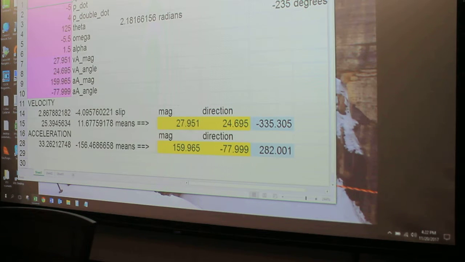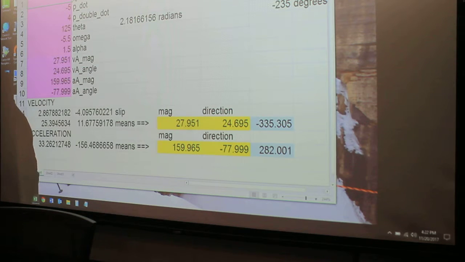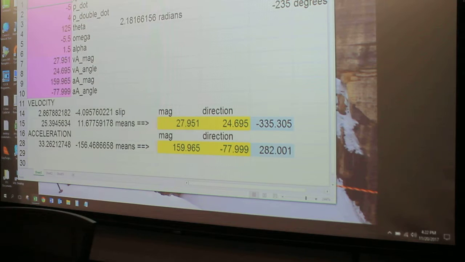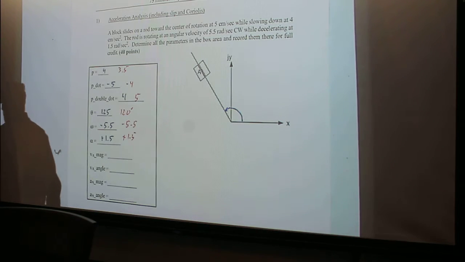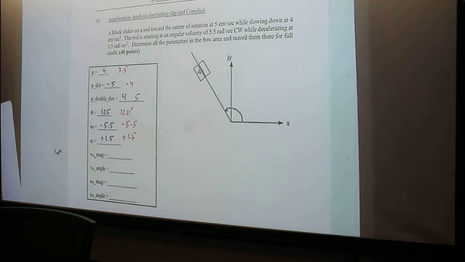You measure 3.5, minus 4, 5, 120 degrees, minus 5.5, and plus 1.5. All right, so those were the values on that one, to deliver the correct answer.